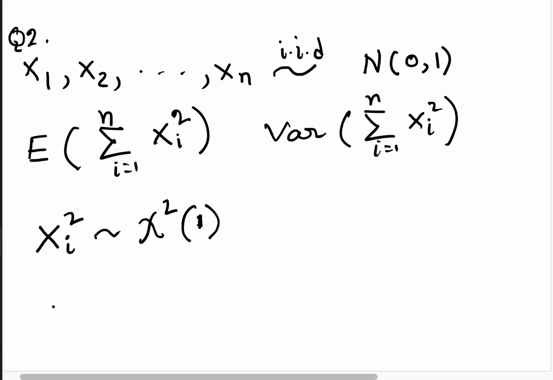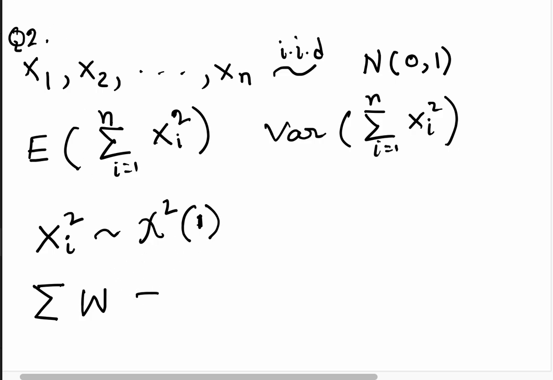And we also know that if we sum over n, suppose these are n independent identical random variables, each following a chi-square distribution, then the summation will also follow a chi-square distribution.